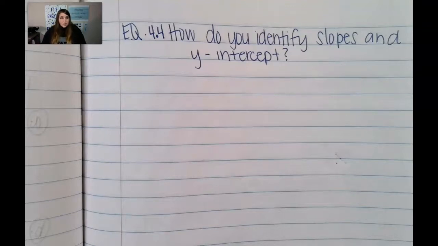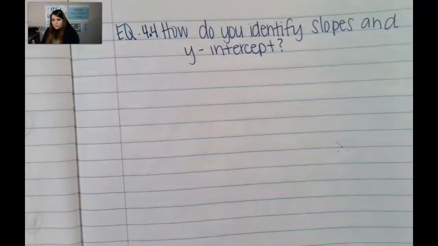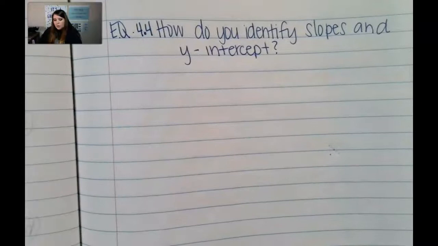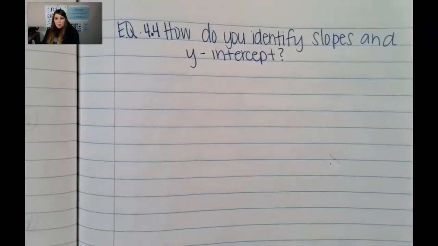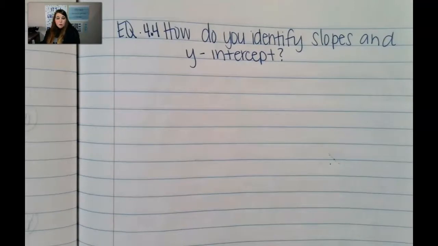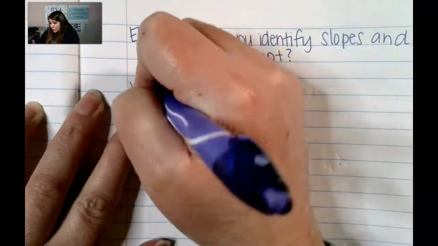So first of all, let's talk about the x-intercept. We have a y-intercept and an x-intercept when we graph. So looking at the axes, the x-axis and the y-axis, the first thing we want to talk about is the x-intercept.